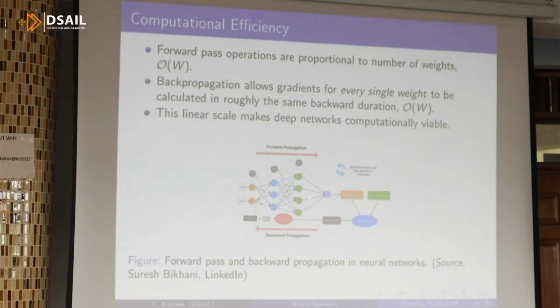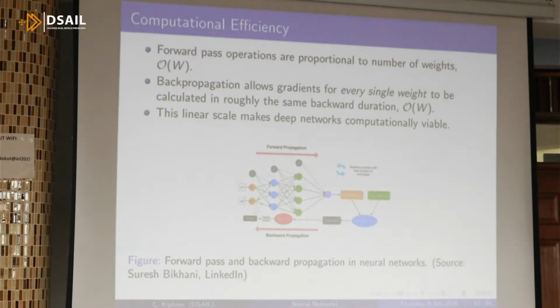You go backwards, you update the weights here, there, and there, until you arrive at the beginning. And you can see the issue we were talking about earlier, vanishing gradients: if your gradients are 0 or a very small value here, because you're doing the chain rule, by the time you get here, your gradients will be 0. That's why we need to deal with the vanishing gradient problem.